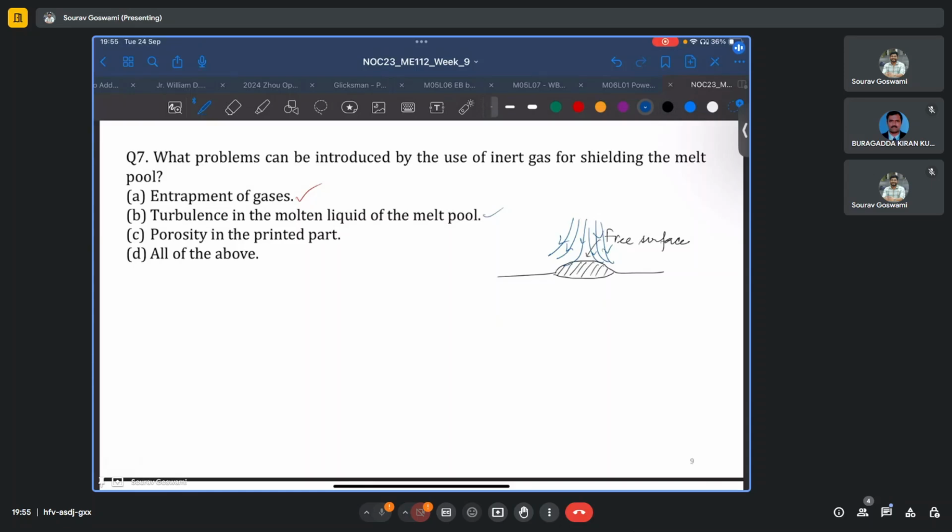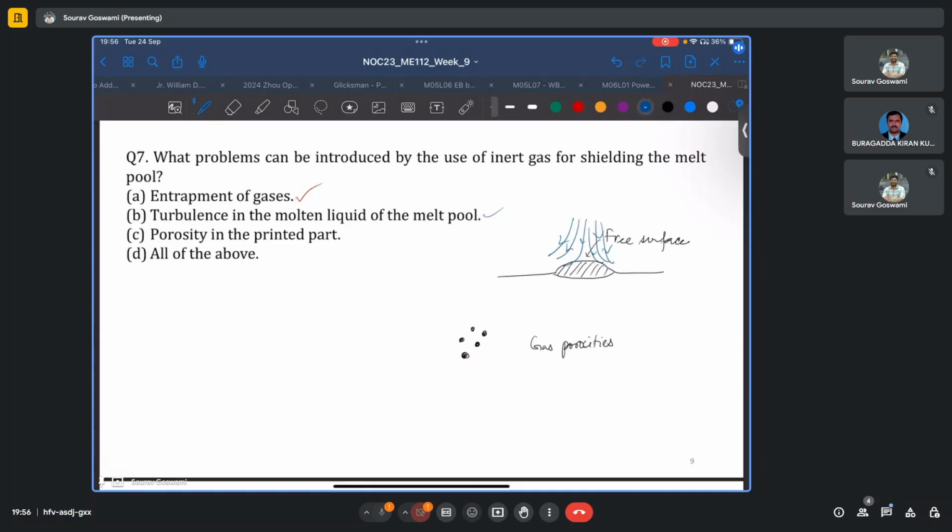Does it lead to porosity in the printed part? We know that common types of porosity defects are, one, where you have these almost spherical small pores, which are your typical gas porosities. Gases have a higher solubility in liquid metal, and when the metal solidifies, these gases can be liberated, such as hydrogen, and when they are liberated, they form such pores and may later escape.